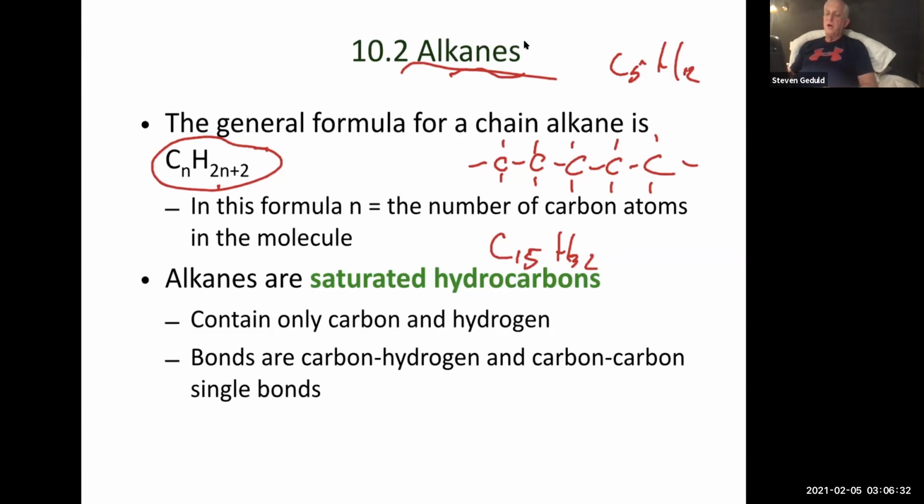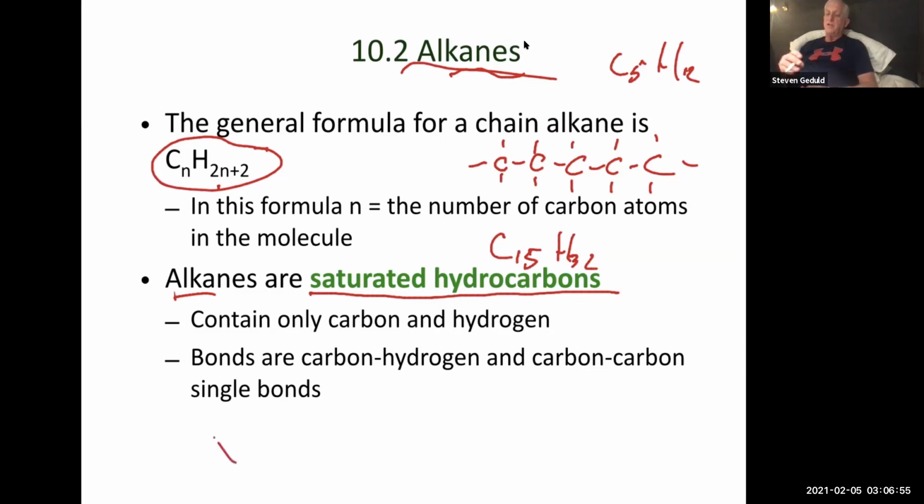Alkanes are saturated hydrocarbons because they have the most hydrogen atoms possible per number of carbon atoms. There are no double or triple bonds. So everything that gives carbon its four bonds is a hydrogen attachment.